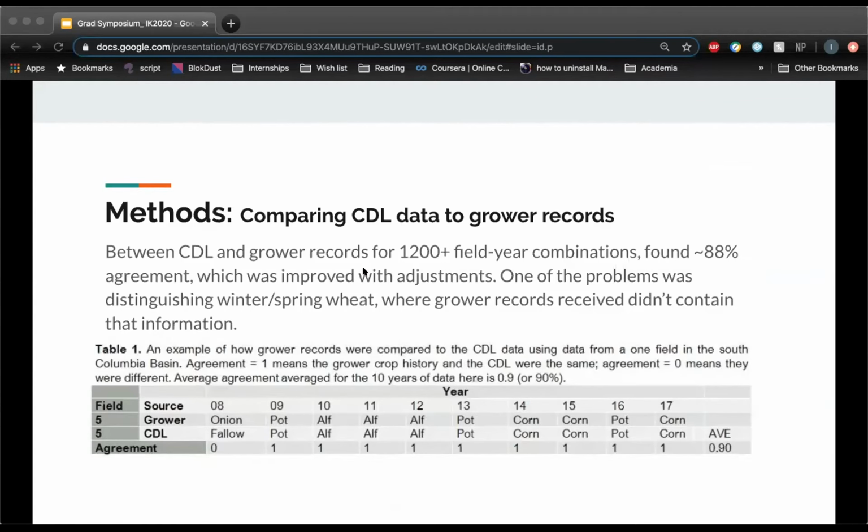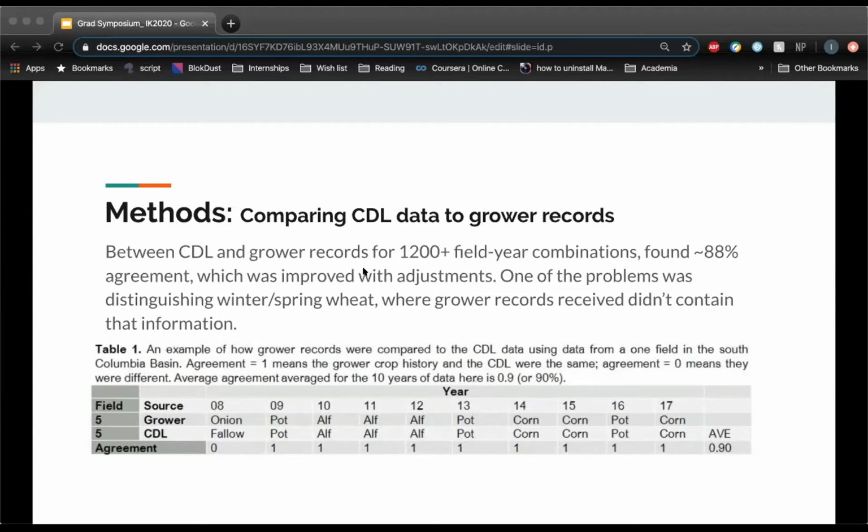So between CDL data and grower records for about 12,000 field-year combinations, we found an agreement of around 88% right out of the box, and that was improved with some adjustments. One adjustment was changing from just an herb classification in the CDL data to a mint classification in some cases, based on grower records, so we could get a little more specific and accurate in our crop data.